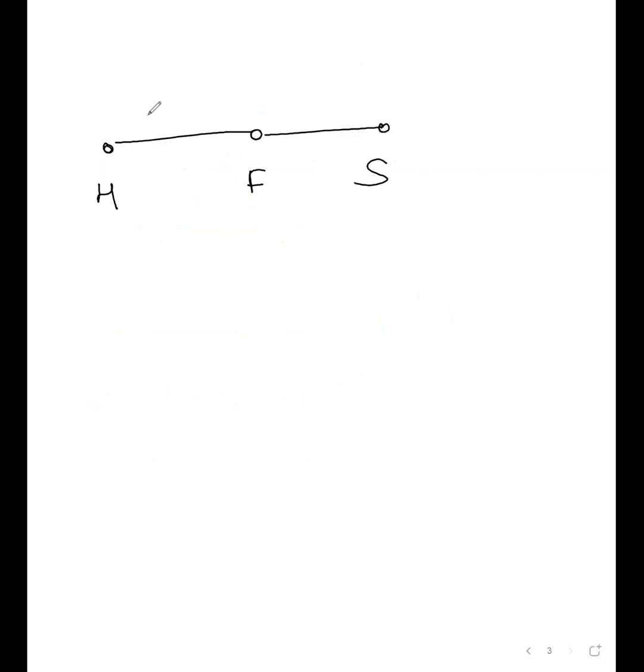If Hiba goes to her friend's place and the distance is 5 kilometers, and from her friend's place she goes to her school, which is 4 kilometers, what is the distance between Hiba's home and the school? 9 kilometers. How did you solve it? We added them. Yes, we added both of these things.